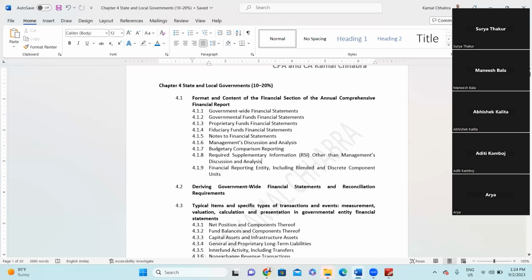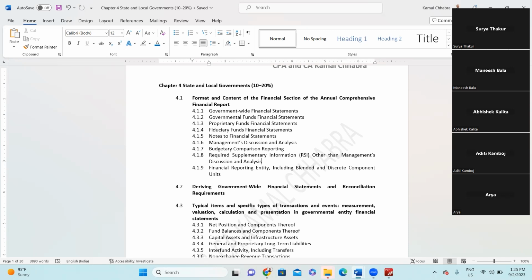So one is government wide financial statement, second is fund financial statement, third is proprietary fund financial statement. What is proprietary fund financial statement? Two categories. One is internal service departments, and second is where government does businesses.